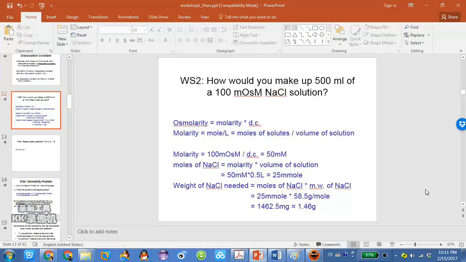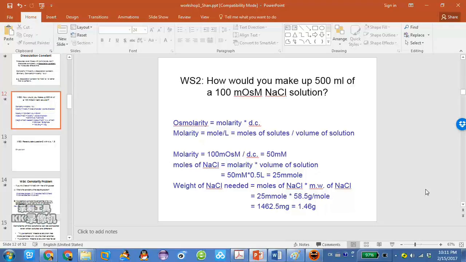The type of solutions that we use to solve this type of problem is always going to be the same. Ultimately, we need to have the weight of the solute and the volume of the solution in order for us to have a certain osmolarity or certain molarity of solutions.